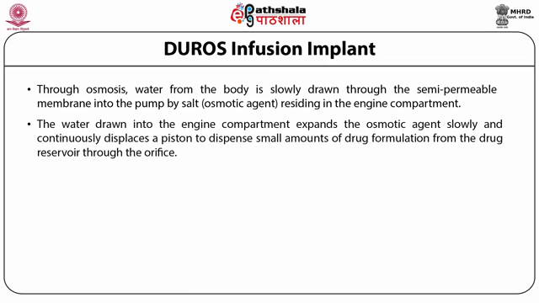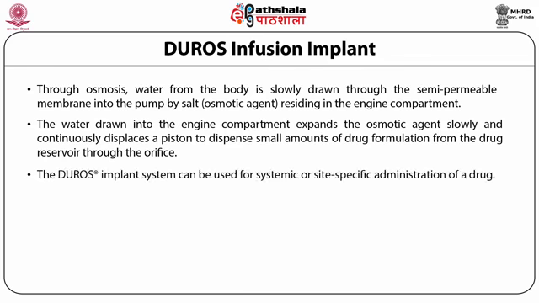The water drawn into the engine compartment expands the osmotic agent, which slowly and continuously displaces a piston to dispense small amounts of drug formulation from the drug reservoir through the orifice.